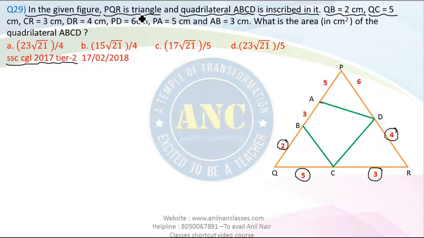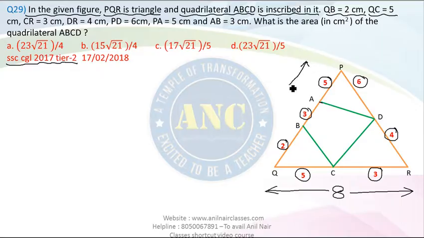PD is 6. PA is 5. AB is 3. That means the entire QR value is 5 plus 3, 8. Entire PQ value is 5 plus 3 plus 2, 10. And similarly, entire PR value is 6 plus 4, 10.